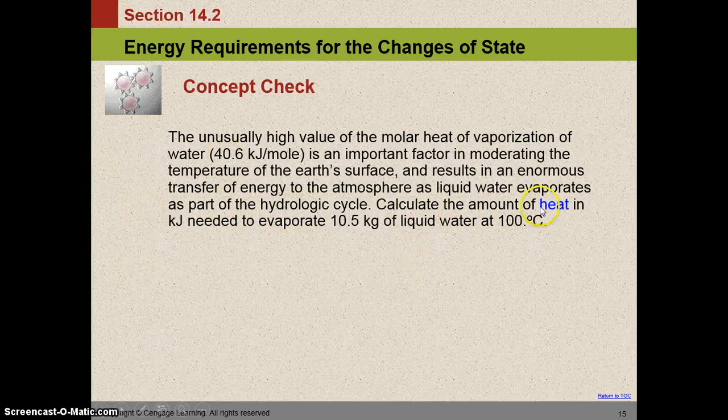It wants us to calculate the amount of heat in kilojoules needed to evaporate 10.5 kilograms of liquid water at 100 degrees Celsius. So we're just taking it from liquid water to evaporate it completely at 100 degrees Celsius.